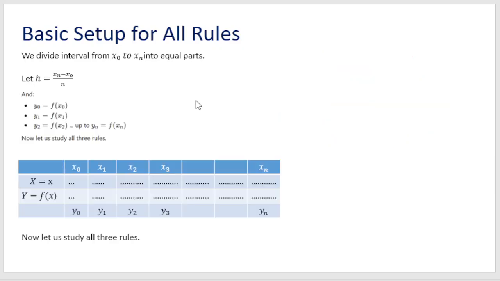After finding h, we have to find the corresponding values of y also. So the first value is x0 and the corresponding value is y0, then x1, y1, x2, y2, and so on, in this way xn and yn. So let us study all three rules.